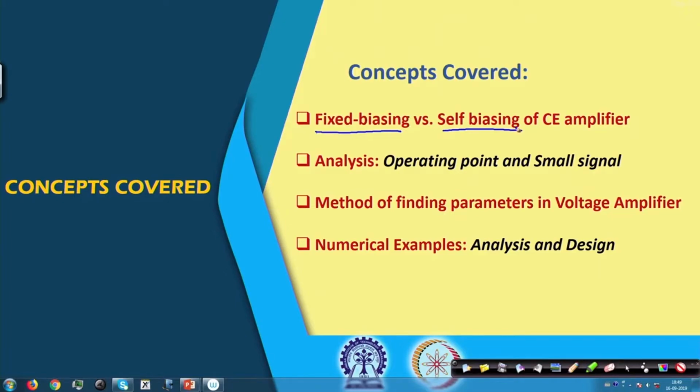Then subsequently we will be discussing the self biased CE amplifier and its corresponding analysis, having two parts.